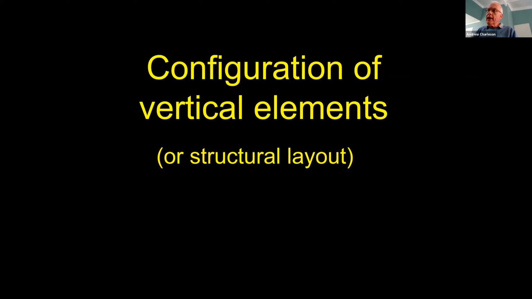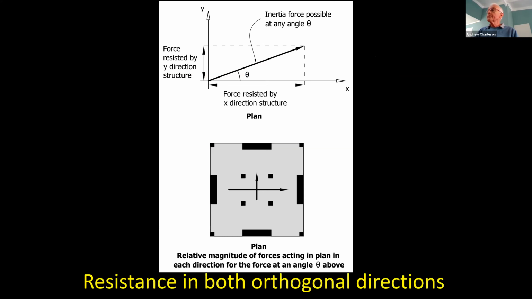The configuration, the layout of the vertical elements that you will show in your plans and your sections. Now, the first principle of earthquake resistant design is that as architects, we must provide resistance in both orthogonal directions.